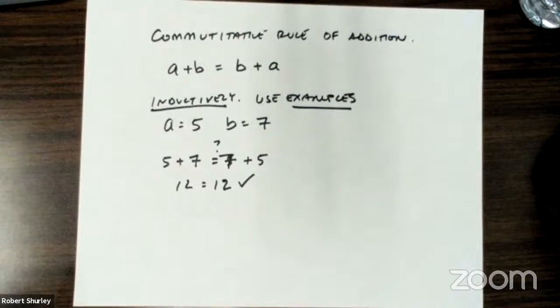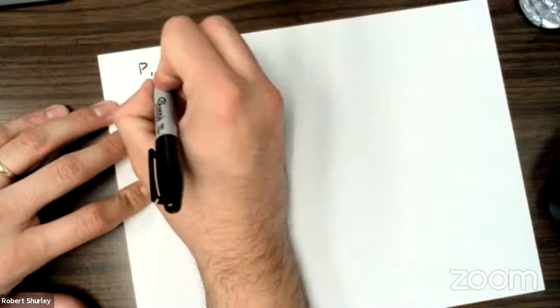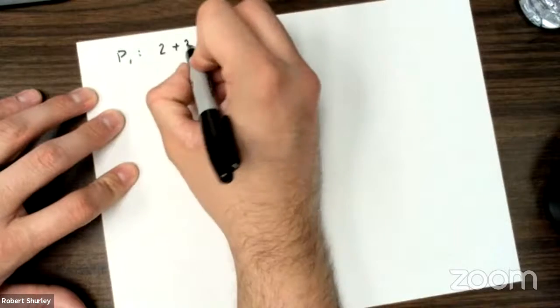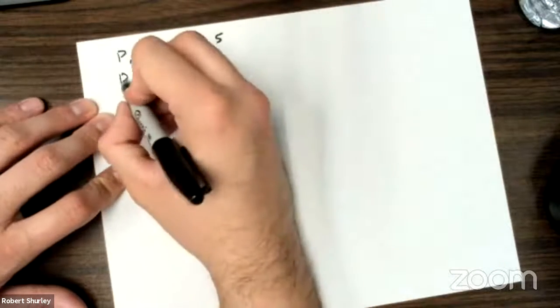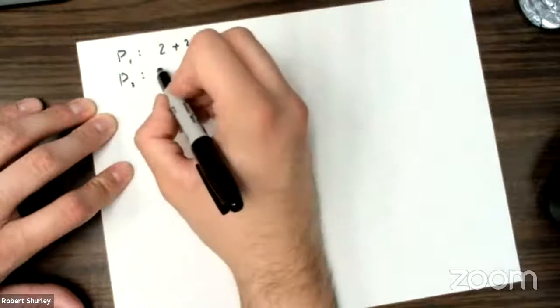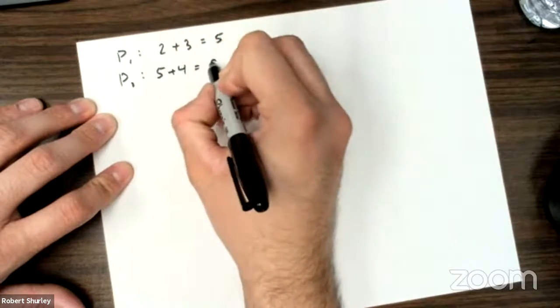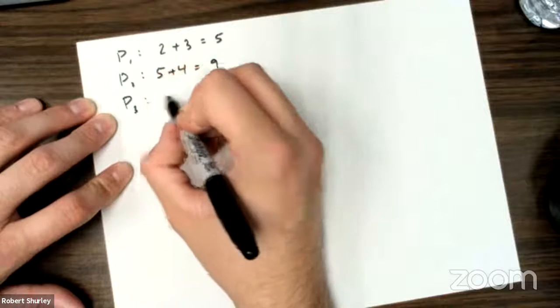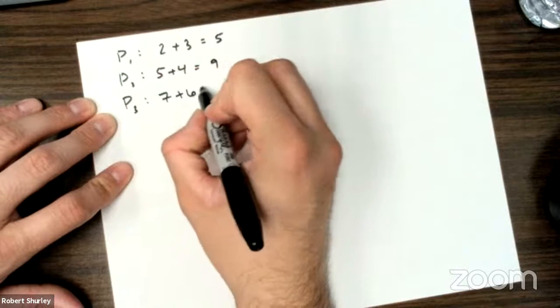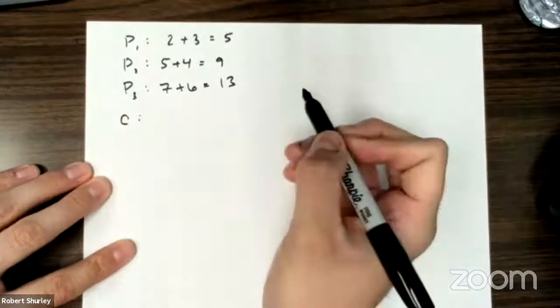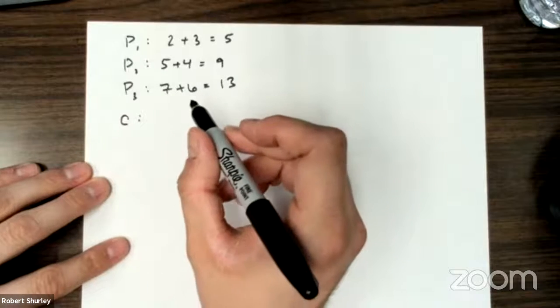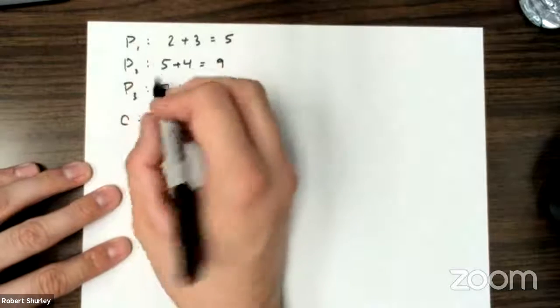It's on page 52. And it says, we've got a few premises here. Premise 1, 2 plus 3 equals 5. That's true, right? Premise 2, 5 plus 4 equals 9. Also true. Premise 3, 7 plus 6 equals 13. I would say all of these are true premises, right? So the conclusion: the sum of an even integer and an odd integer is an odd integer.